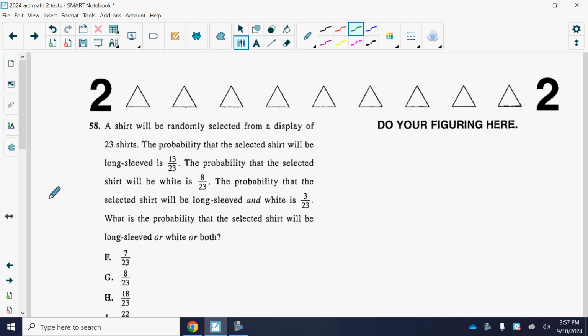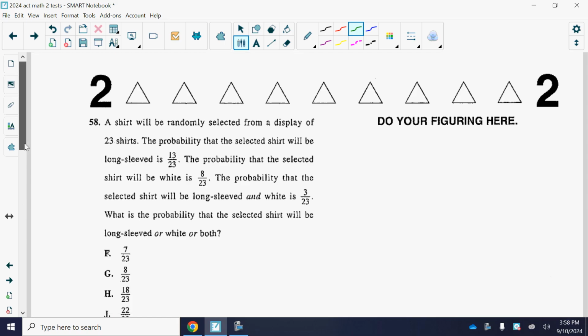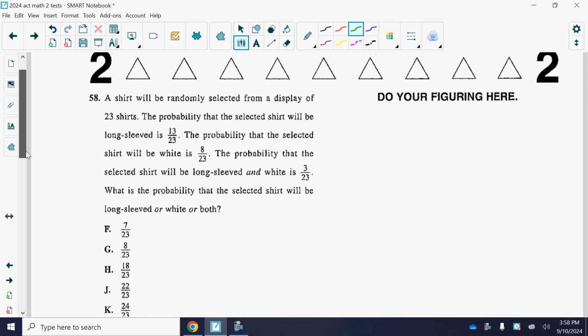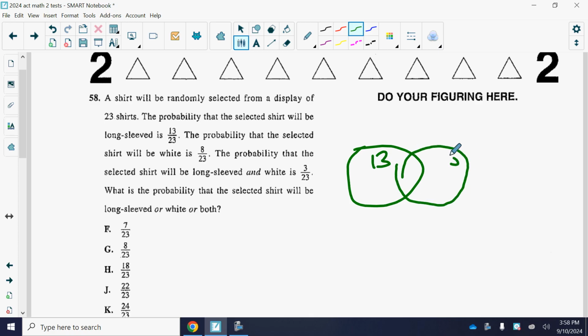What's this? This is that overlap again, I think. Let's see. There are 23 shirts. The probability that a shirt is long sleeve is 13 of them, and white is 8 out of 23. And then the overlap is 3, so you take the 3 and subtract it again.